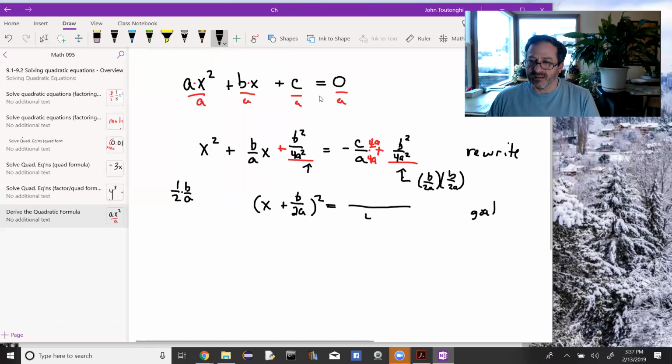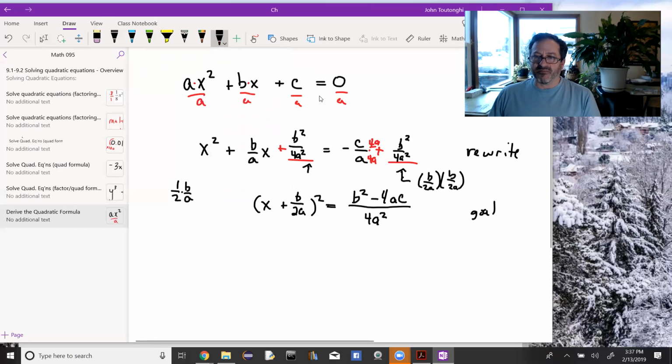So I put that in down here. In the numerator, I have a negative c times 4a, or a negative 4ac, plus b squared. So I'm just going to put those in the reverse order: b squared minus 4ac. And we start seeing the pieces of the quadratic formula here.